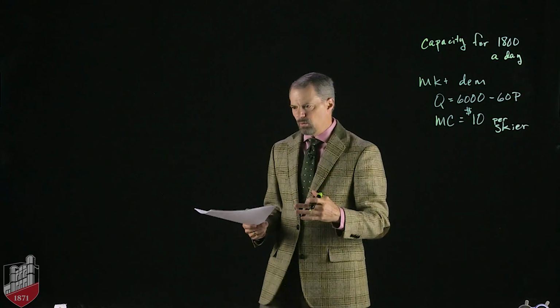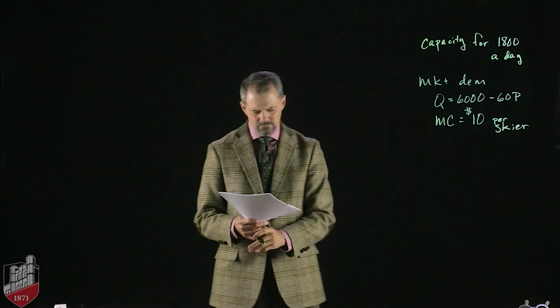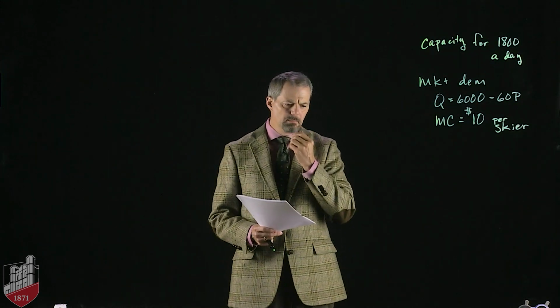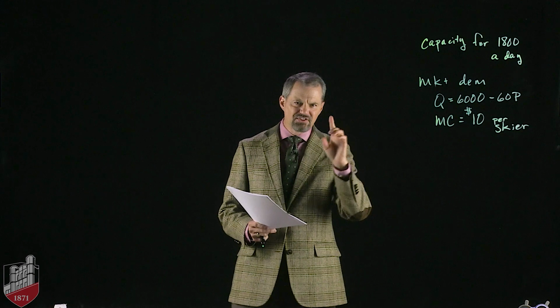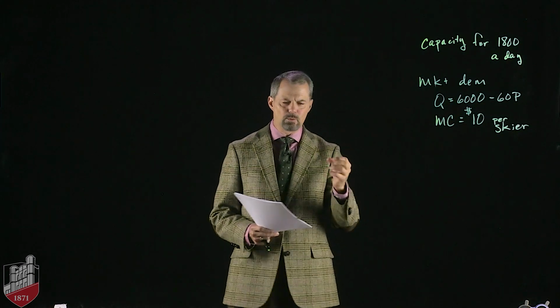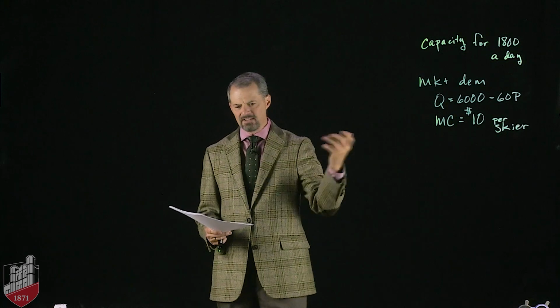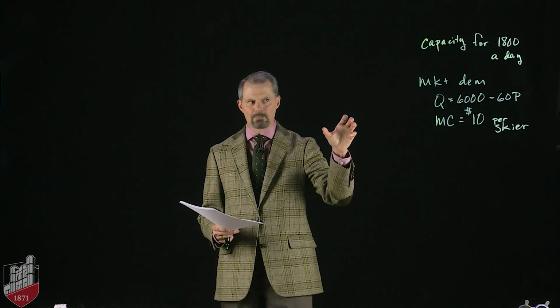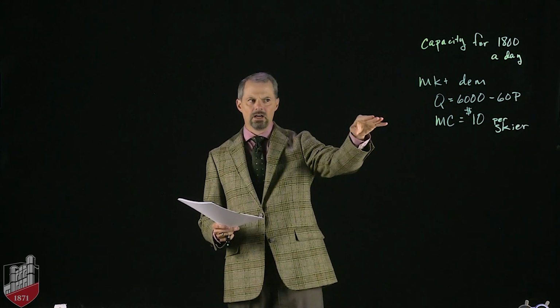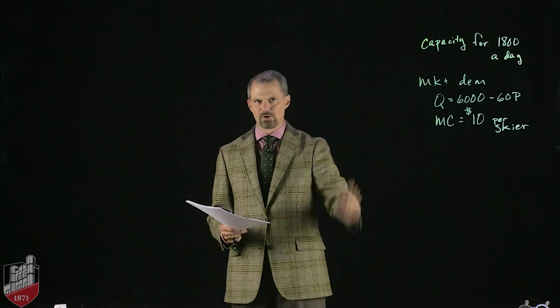Let's think about it from a single firm's perspective. What is the problem that's introduced for a single firm by this capacity constraint? So let's think about a price in the neighborhood of $10, in the neighborhood of marginal cost.